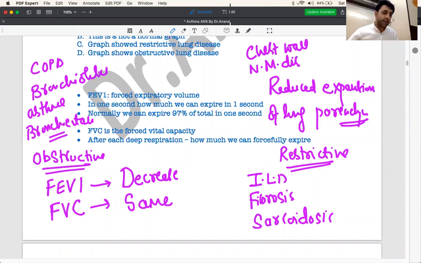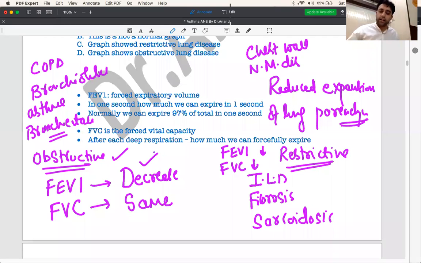So that's what I'm trying to say, that forced expiratory volume in the first second as well as forced vital capacity decrease in restrictive lung disease, whereas in obstructive, there is a problem in the first second, but in general, the lung capacity is not affected. In obstructive lung disease, I'm having cough only. Did you understand? That is a basic concept.